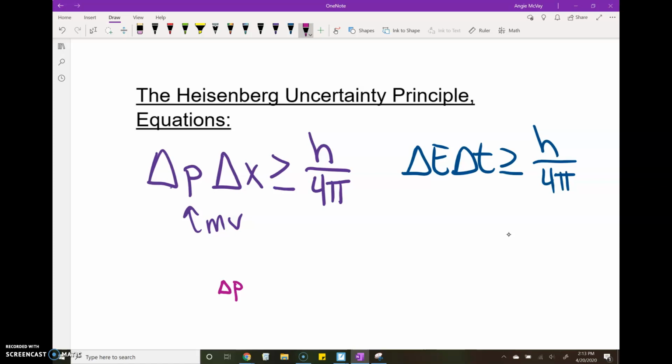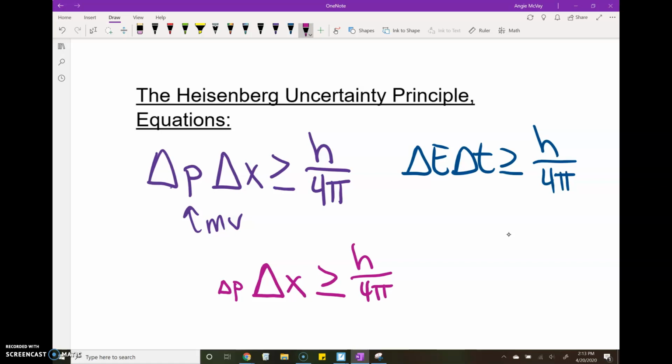And what that means is that you must have really large uncertainty in that particle's position, because the product of these two uncertainties must be greater than or equal to Planck's constant over 4 pi, right?